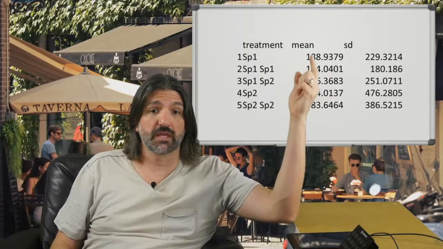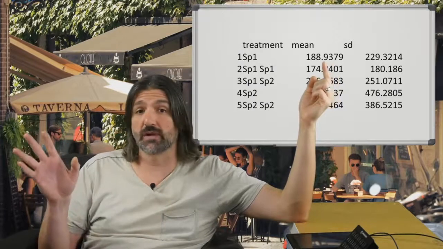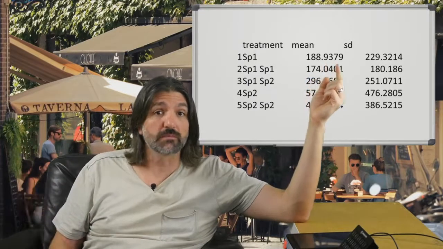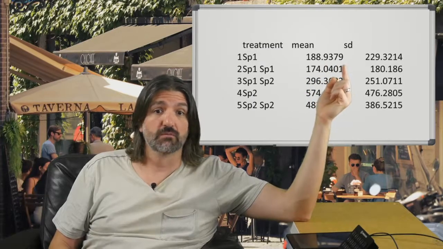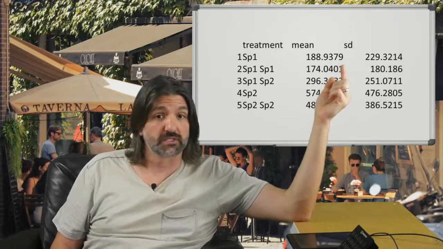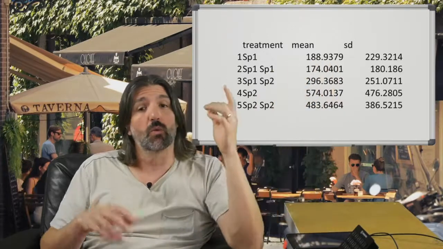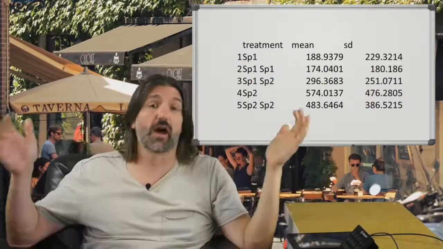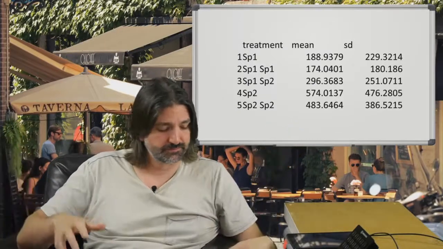So if this was the mean, on average everyone's group SP1 grew 188, but some groups grew more than that, almost 400, if you add the mean and the standard deviation. So when you have a high standard deviation like that, it just means there's a lot of variance within that group, right?